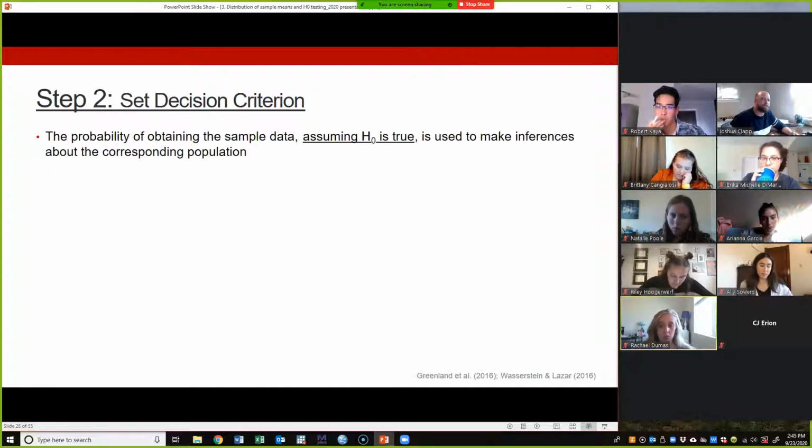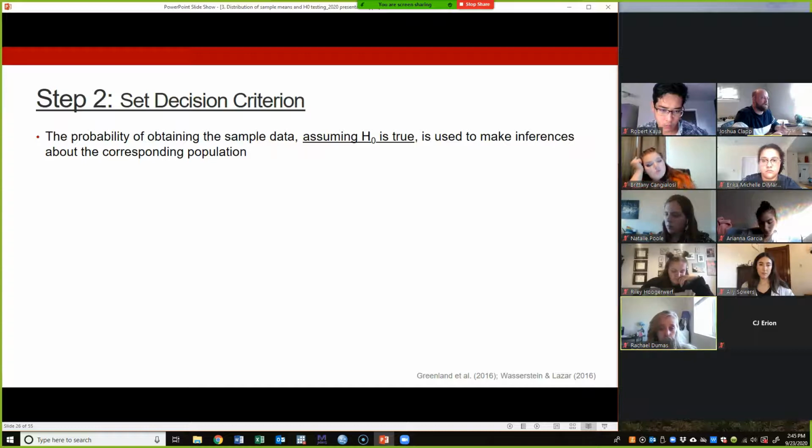Okay. So I'm going to set up my decision criterion. The logic behind this is we say, assuming that the null hypothesis is true, that older adults who take cognitive supplements do have a mean score of 80, how far away from that score do I need to get a sample before I start to question the validity of that null hypothesis?